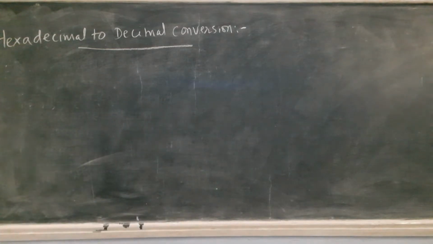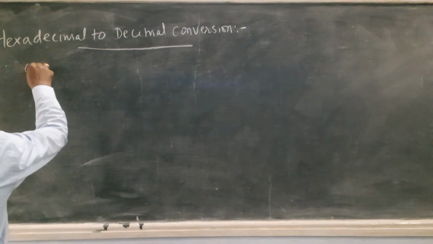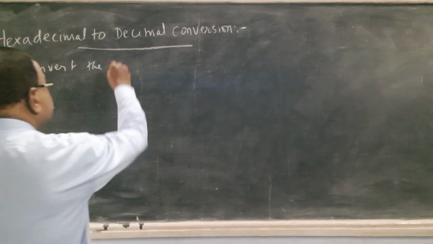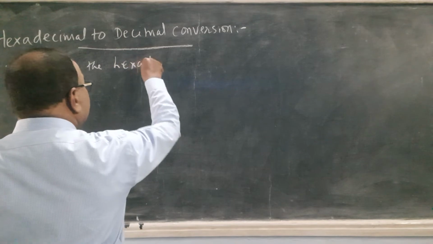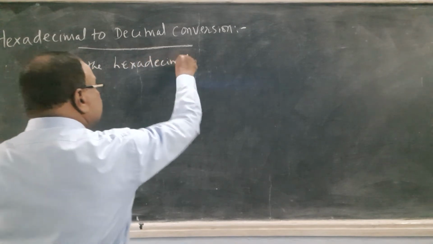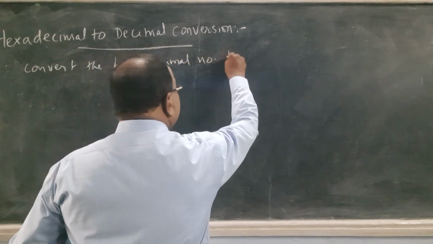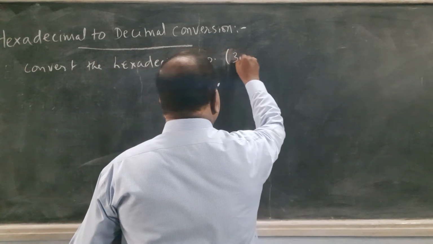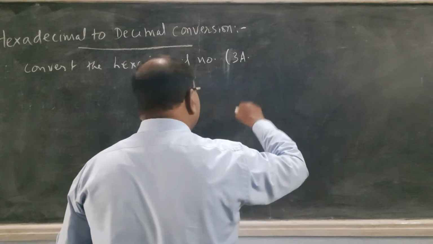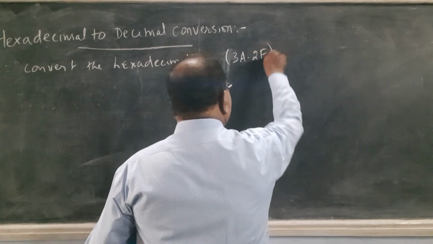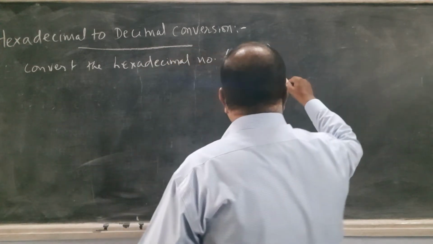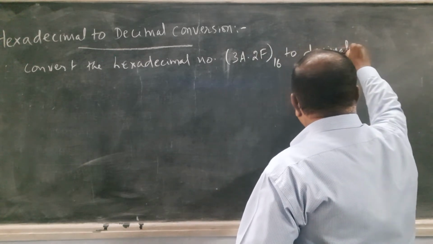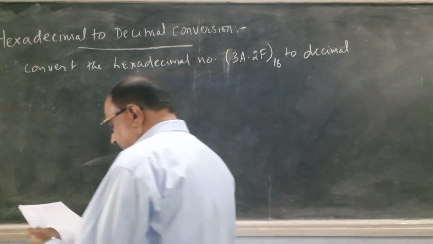For example, convert the hexadecimal number 3A.2F to decimal. I want to convert this hexadecimal number to a decimal number.